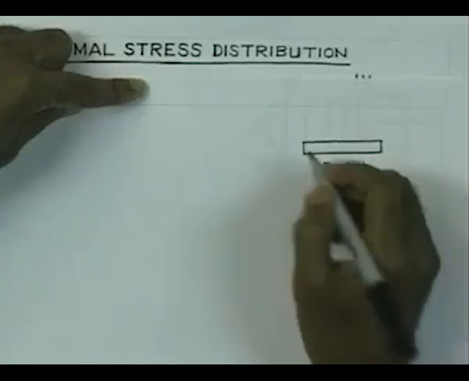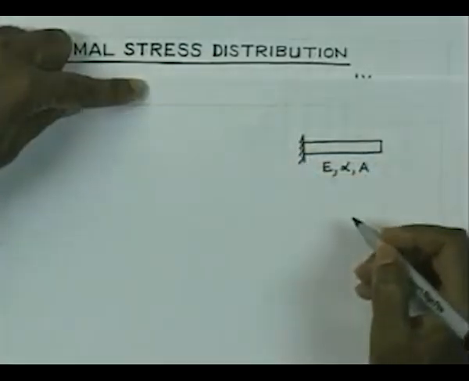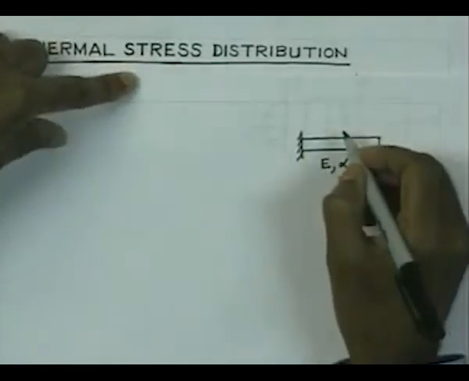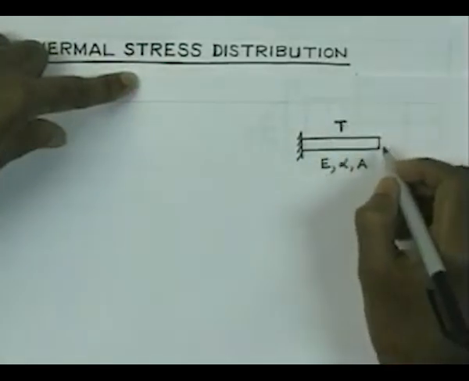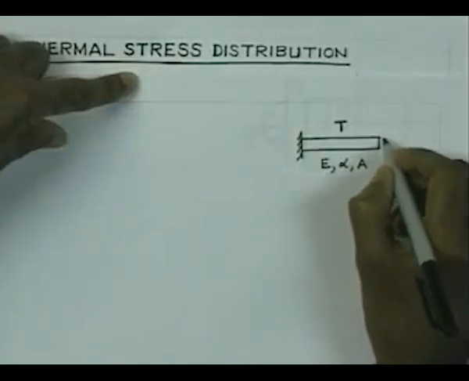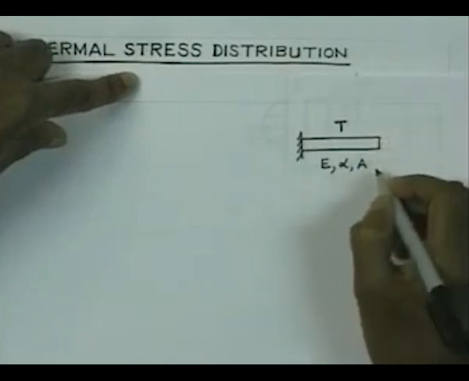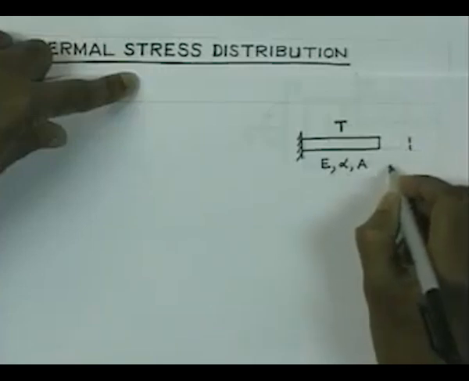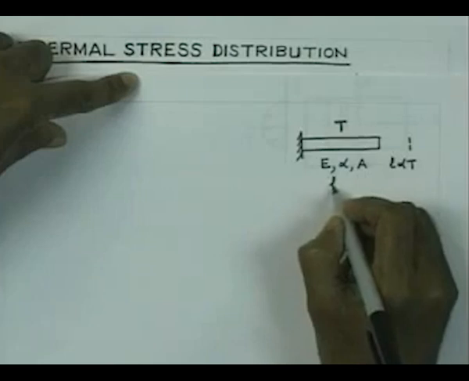Now, if we consider that the component has one of the ends fixed, if we raise the temperature of this component above the room temperature by, let us say, T, then it will expand. If we allow the free expansion to take place, the expansion is going to be L alpha T, wherein the length of the component is L.